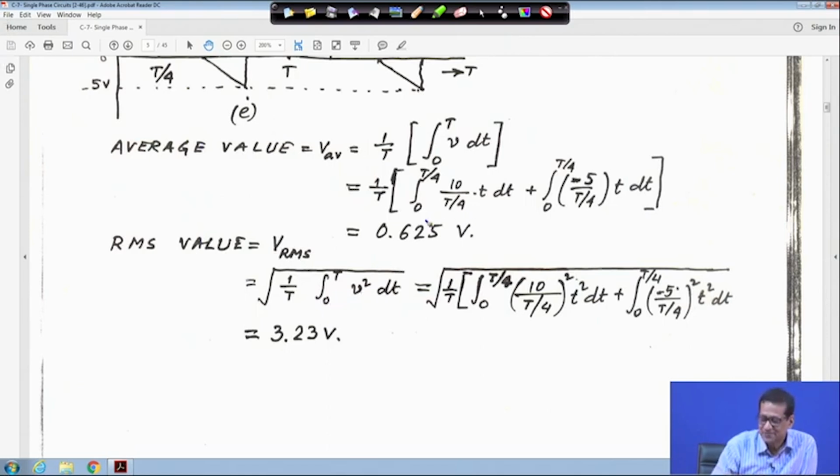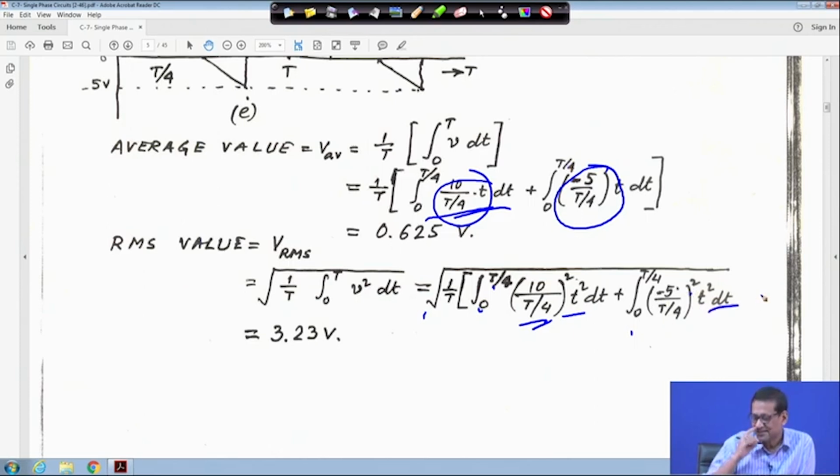First this portion, 1 upon t, 0 to t by 4, 10 upon t by 4, the whole thing squared, plus the second portion, the whole thing squared, minus 5 by t by 4 square t square dt. If you simplify, just do it, otherwise my time will be saved. It will become 3.23 volt.